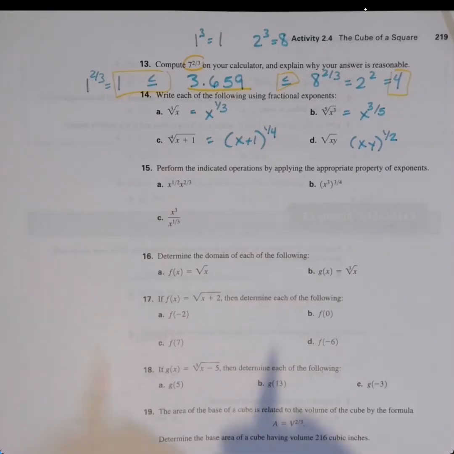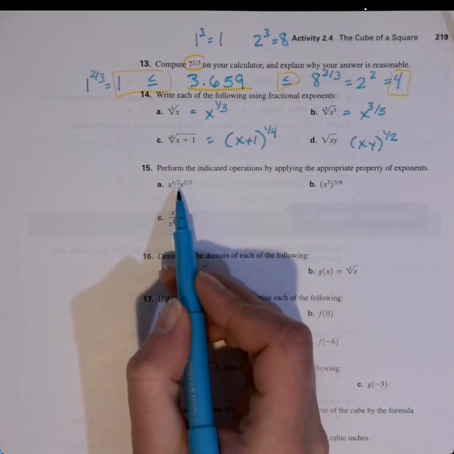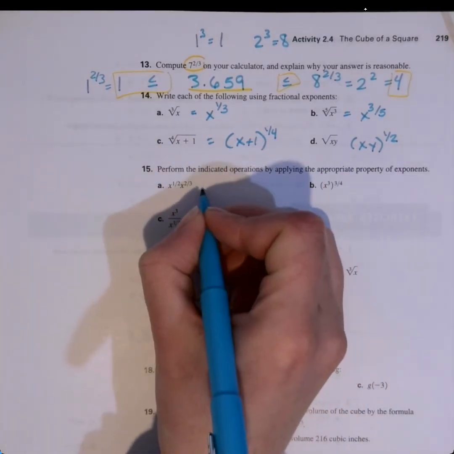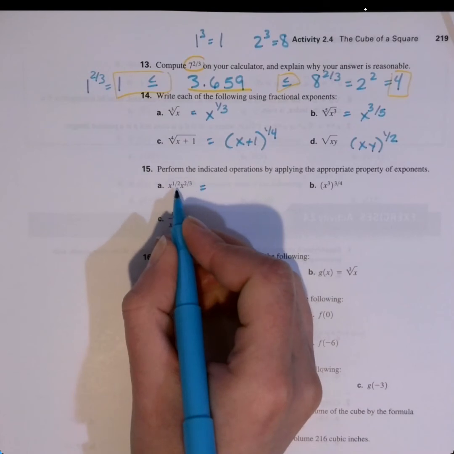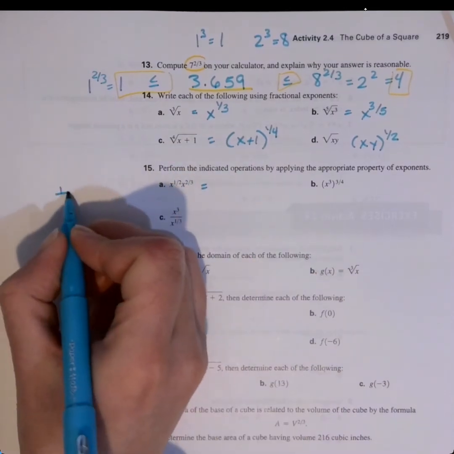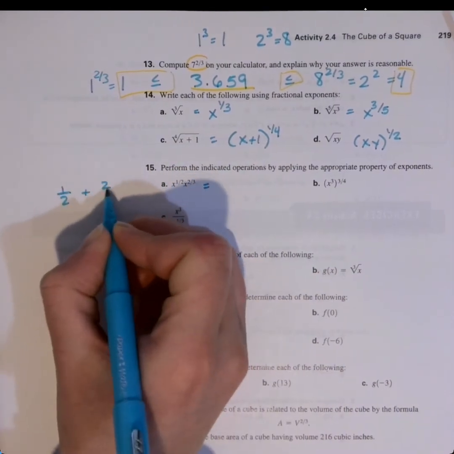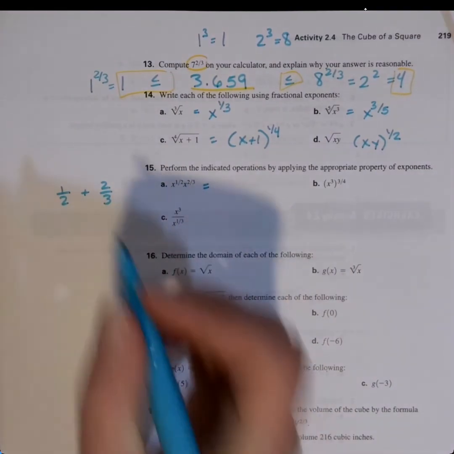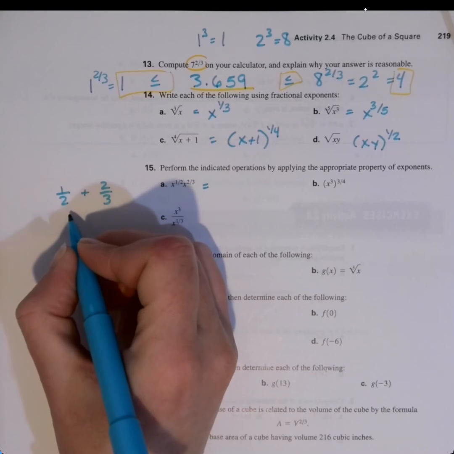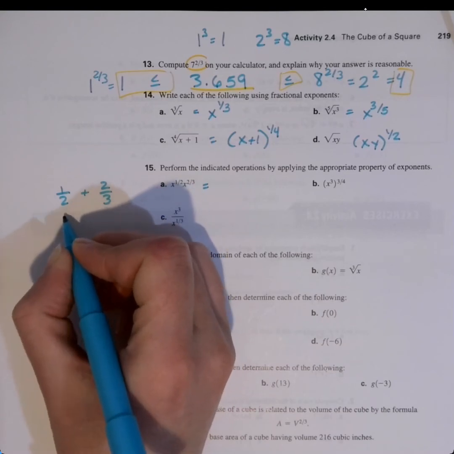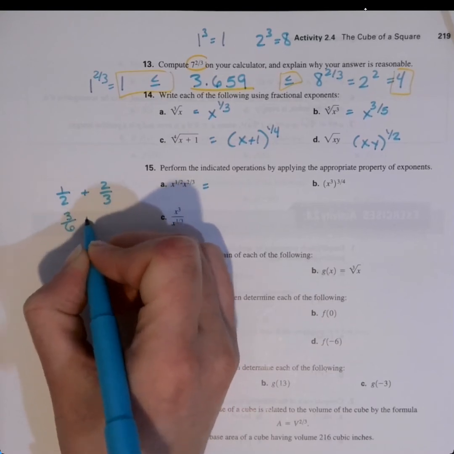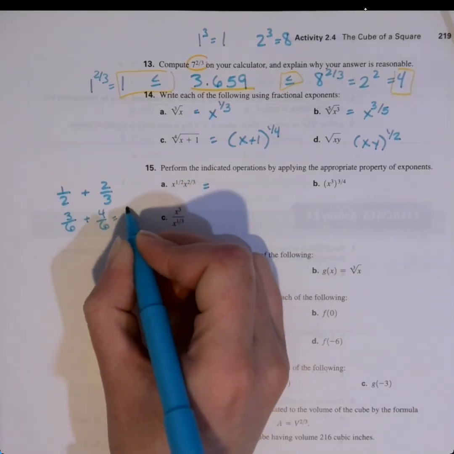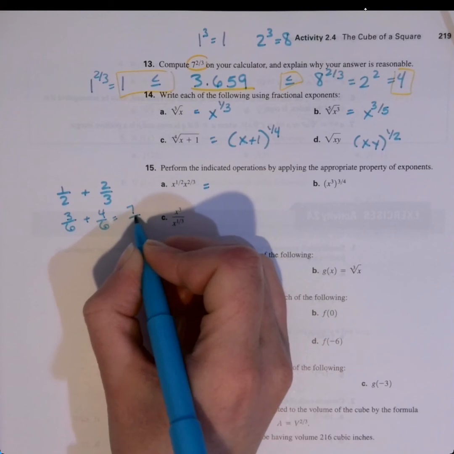Okay, so now we're going to apply the regular multiplication property of exponents, which says if you're multiplying your bases, add your powers. So if I'm going to add 1/2 plus 2/3, we're going to get common denominators. So this would be 3/6 plus 4/6, which is 7/6.